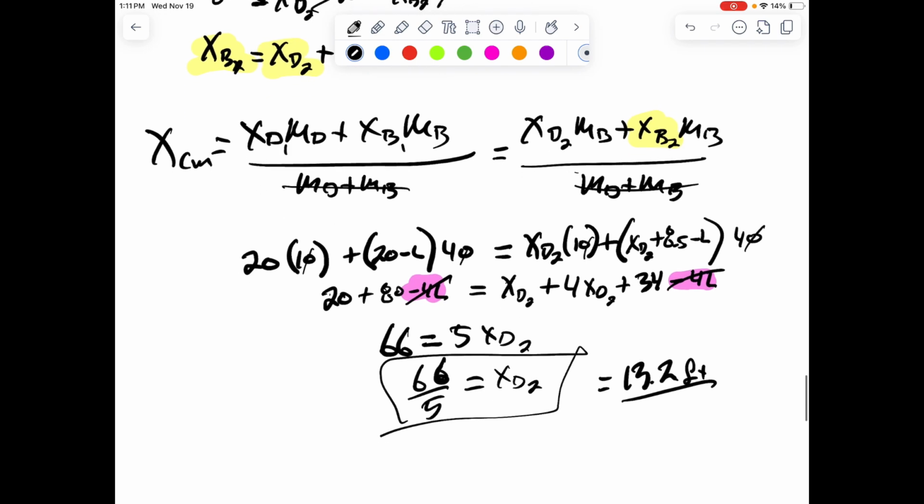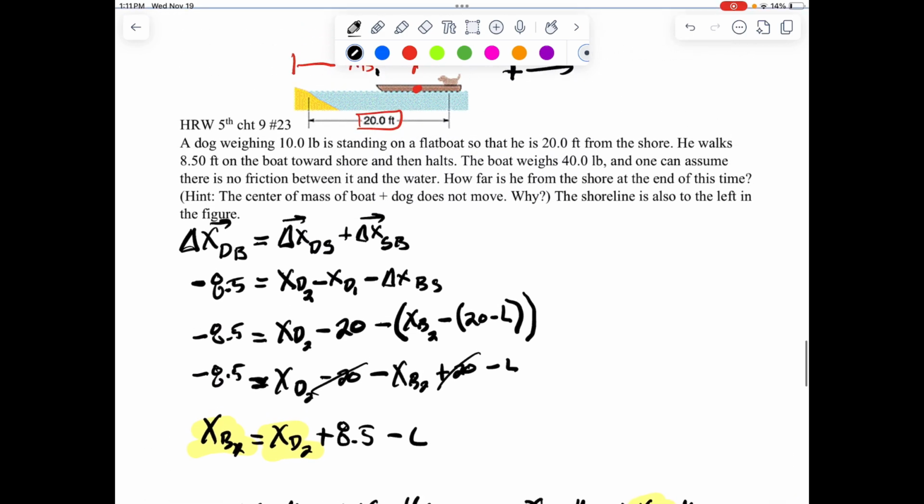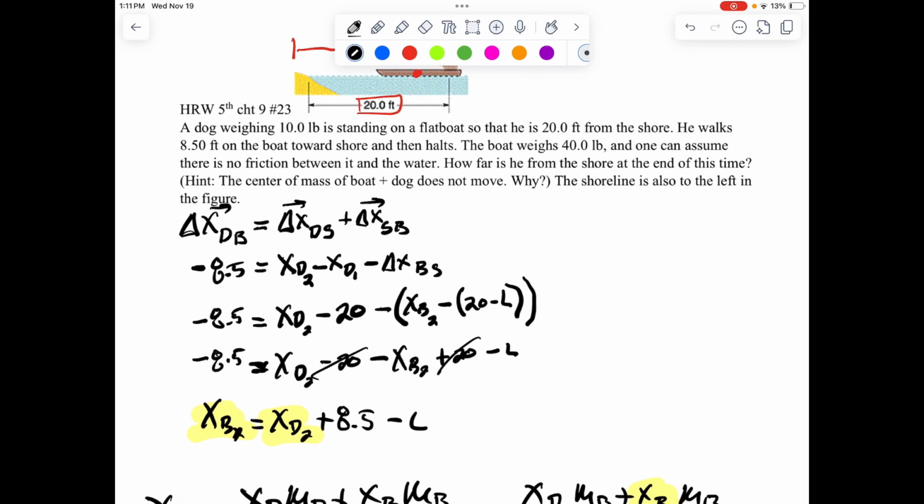Now, you could have just done this like transformation things up here to figure it out. Because the boat is 40 and the dog is 10, you know the boat is going to move 1/4 as much as the dog is going to move, or the dog will move 4 times as far.